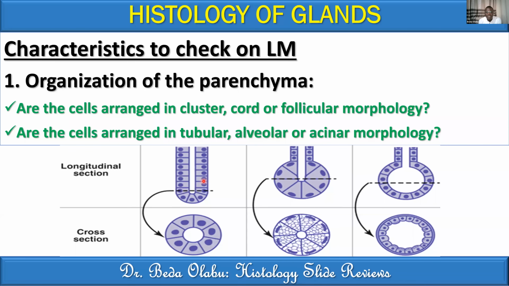If you compare that to tubular morphology, the secretory portion is not ballooned out, just the same size as the ductal portion. You know, an exocrine gland has two functional portions, the secretory portion and the ductal portion. Those are the two functional components of the parenchyma of an exocrine gland.